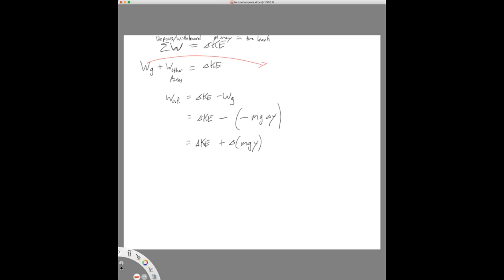So we're thinking of the work done by gravity, or technically minus the work done by gravity, as a delta of something. And this something, call it potential energy. Okay, potential energy.